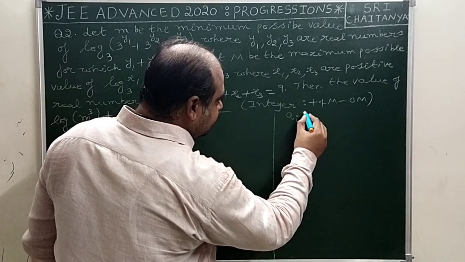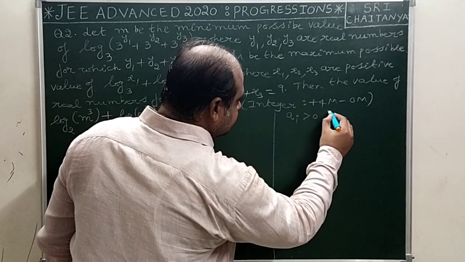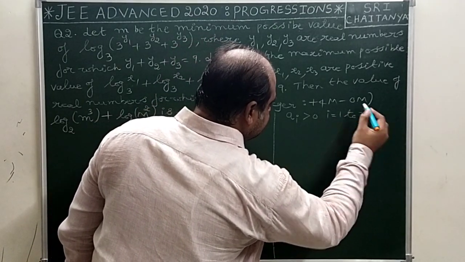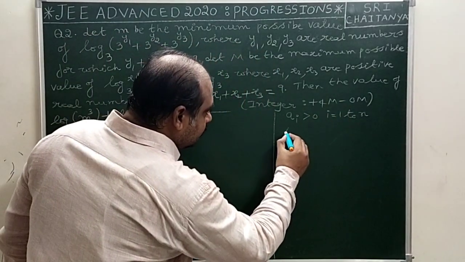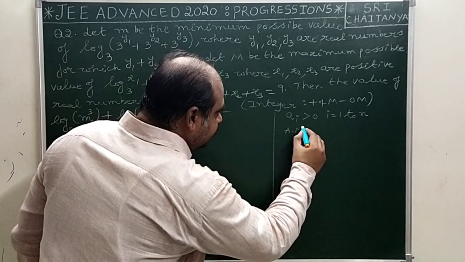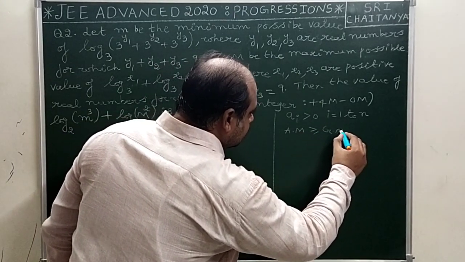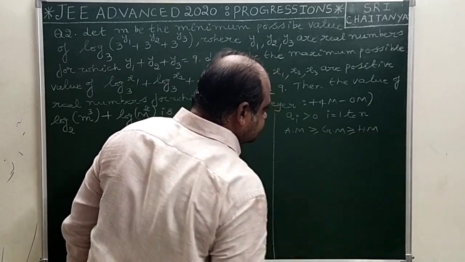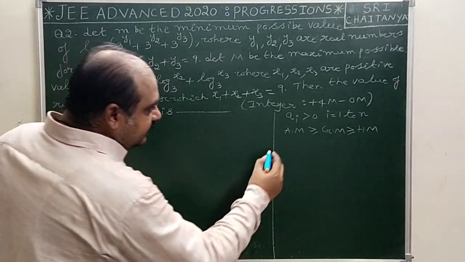Let us say ai greater than 0, i equal to 1 to n, all positive real numbers. If the positive real numbers are there, all of you know the inequality, a very important one, asked a number of times in IIT: AM greater than or equal to GM greater than or equal to HM.